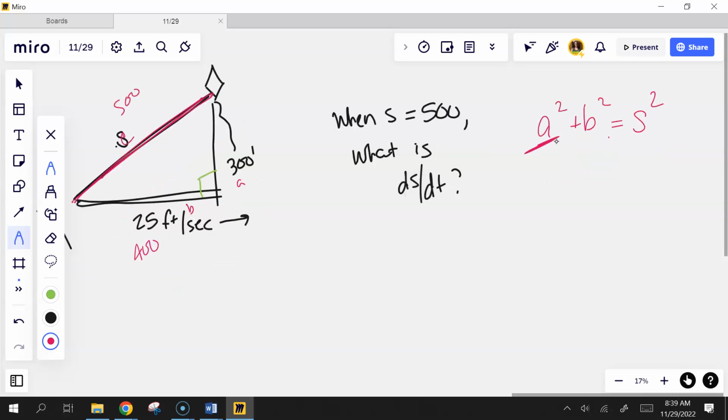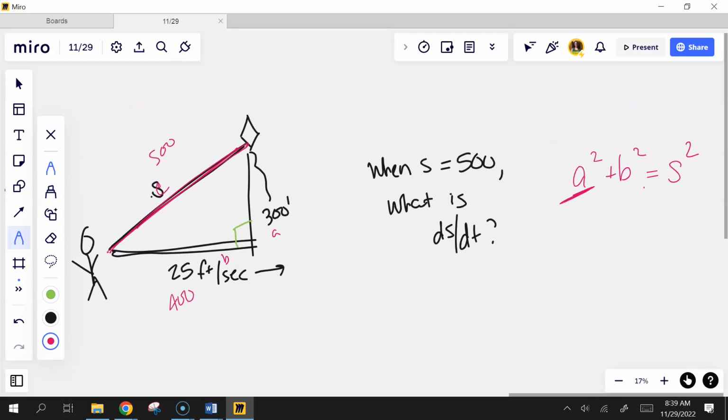Okay, so this is A. That's the height of the kite, right? And okay, so let me write, this might help you. What do I have? dB dt, B, A, and S, and I need ds dt.